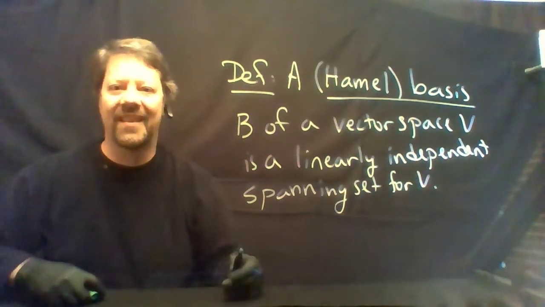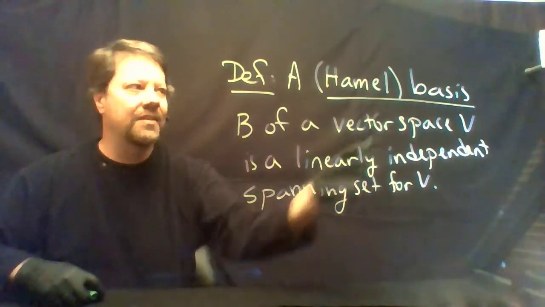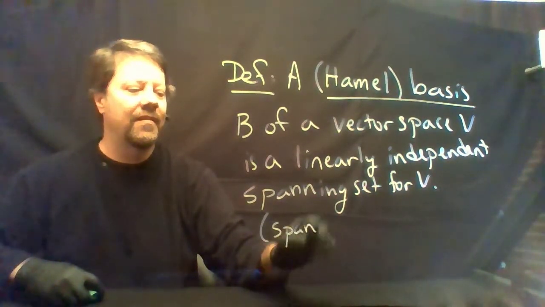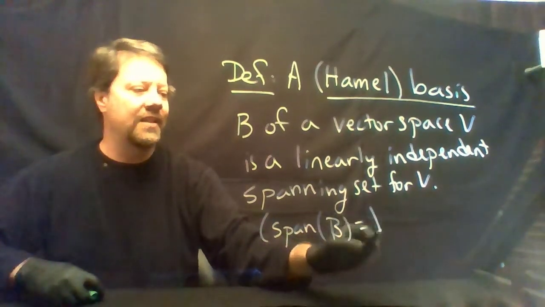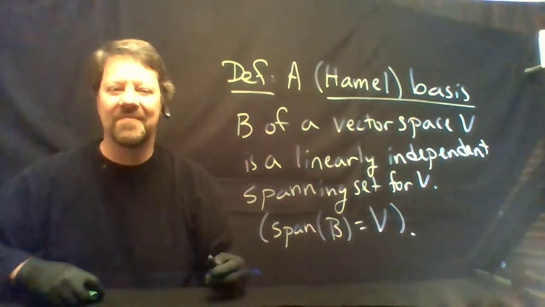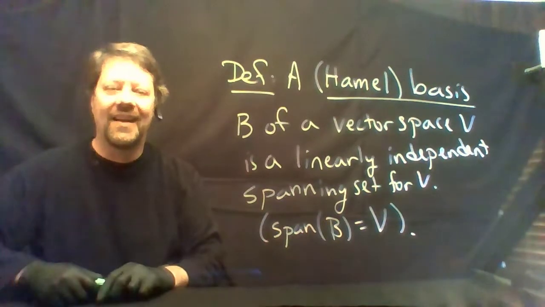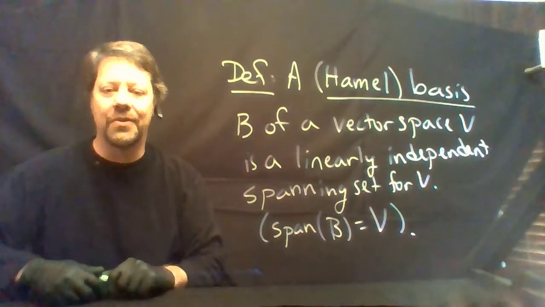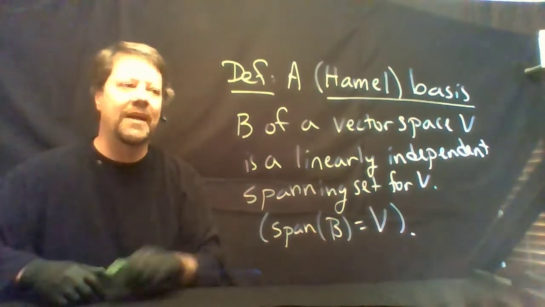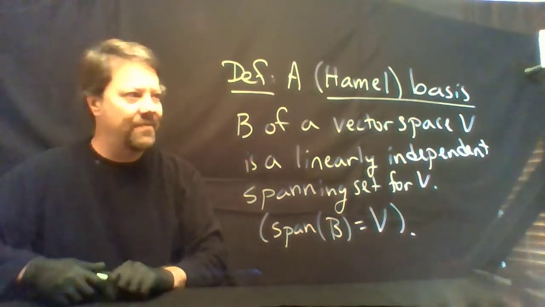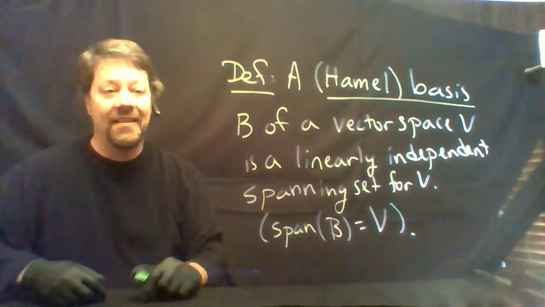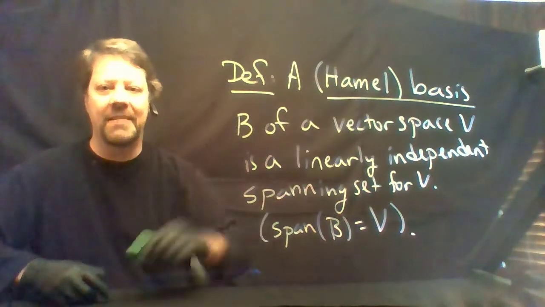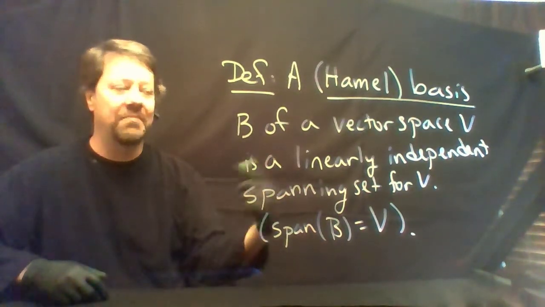That means B, the basis, has to be linearly independent, and the span of the basis gives us the entire vector space. I should mention that there are other notions of basis that you might encounter in the future, like the Schauder basis, but this notion of basis is so common that we often drop the name Hamel and just call it a basis.